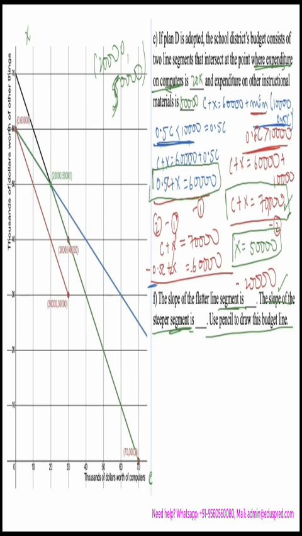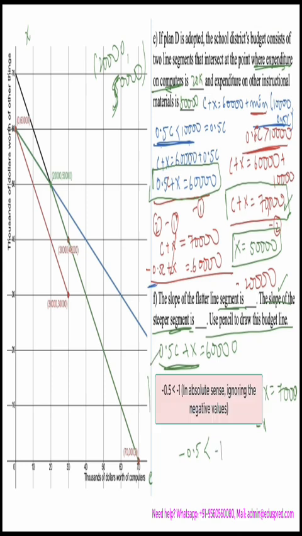We want to see the slope of the two lines. We have two lines giving us the equations 0.5 C plus X is equal to 60,000 and C plus X is equal to 70,000. The slope of this line is nothing but minus 0.5. The slope of this line is minus 1. Since minus 0.5 is greater than minus 1, this is your flatter line.